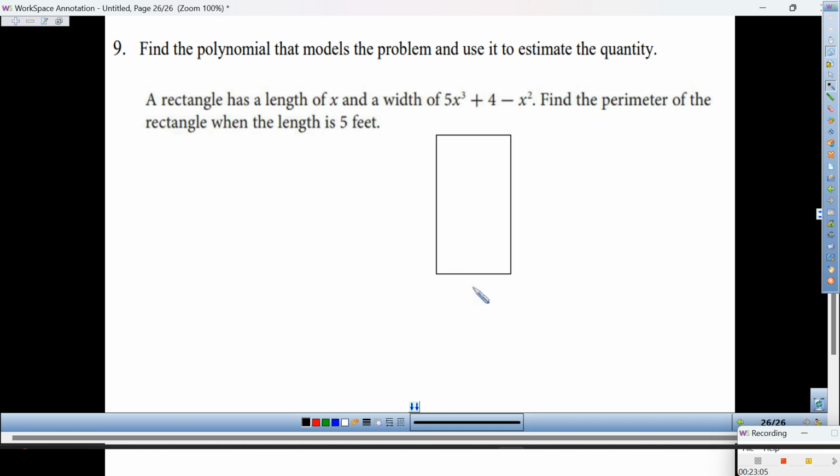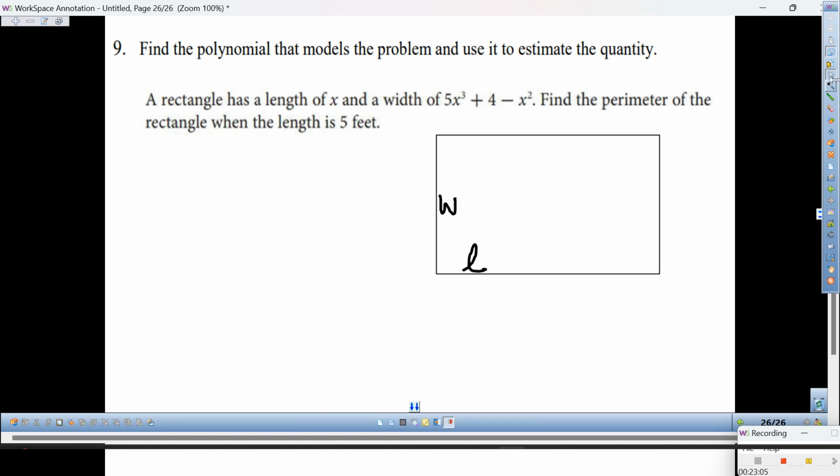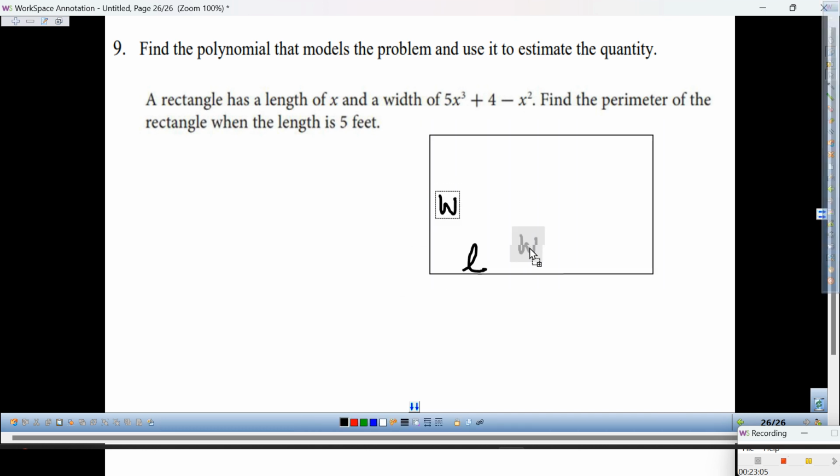This one or this one? All right, so this is our length and this is our width. Yes? The other way around? Okay, fine. Better? Am I throwing some of you off? Okay, good. All right, here we go.